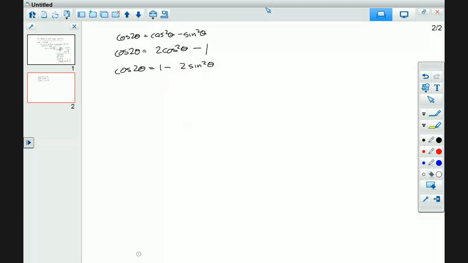And then tangent. And guess what? It's my favorite. Not really. It's the messy one.